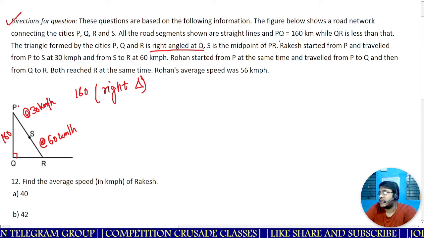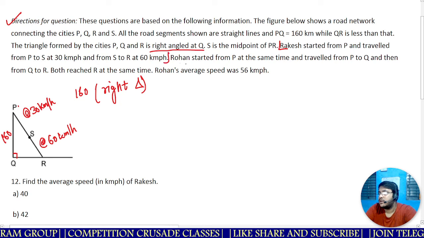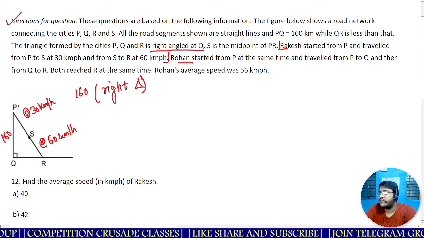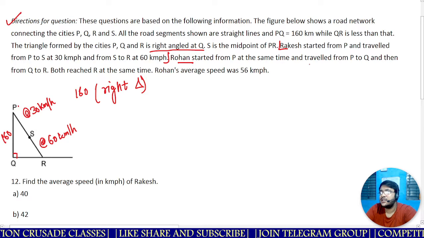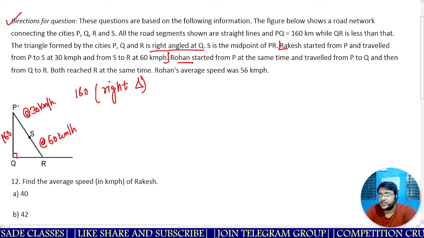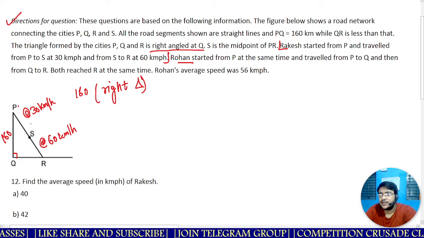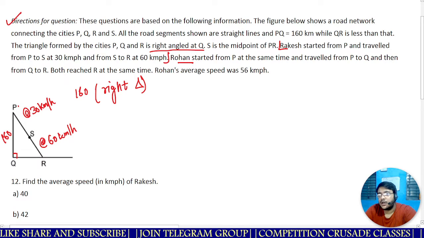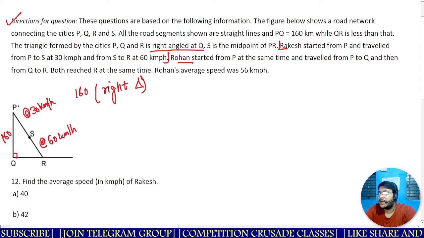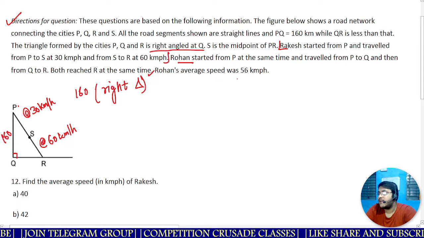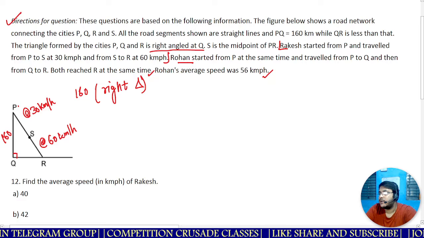Now this was Rakesh, mind you. Rohan started from P at the same time and traveled from P to Q and then Q to R. So Rakesh takes the PSR route, Rohan takes the PQR route. Both reach R at the same time. Rohan's average speed was 56 kilometers per hour.